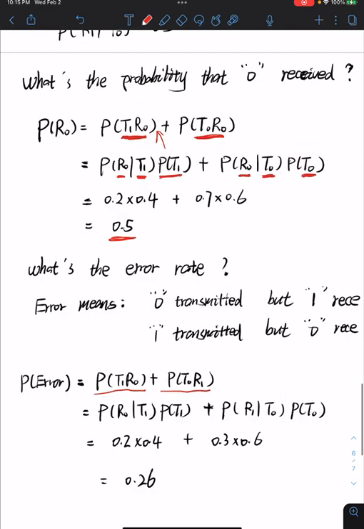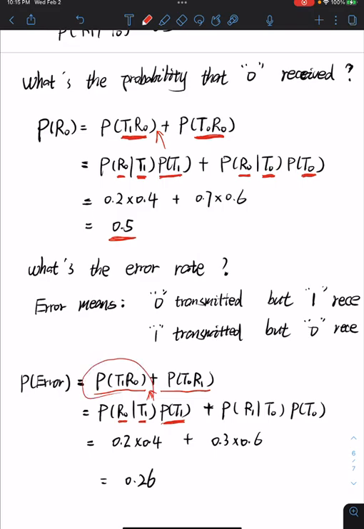We use the conditional probability times the event's probability to get the particular event's probability. Like the probability of 0 is received, assuming 1 is transmitted, times the probability of 1 is transmitted equals the probability of this part.